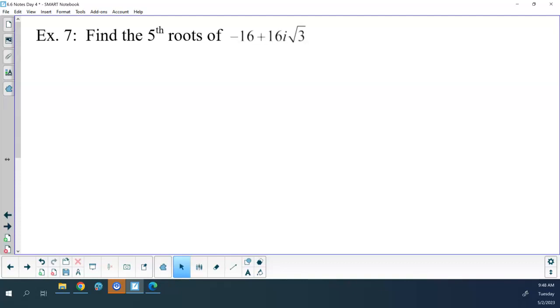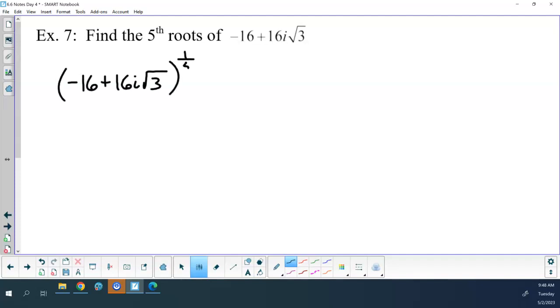It's 4 steps. What was step number 1? Root it. So we want negative 16 plus 16i square roots of 3, taken to the 1/5 power. We want the 5th roots of it.